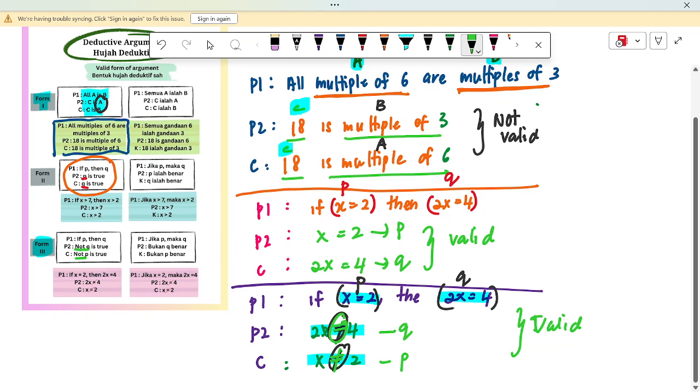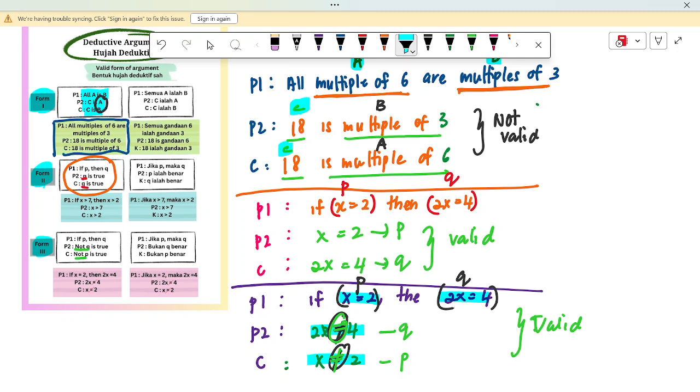So if a deductive argument is given from general to specific, and they ask you whether it is valid or not, it must fulfill either one of these three forms. Okay, if it's fulfilling either one of these forms, then it is valid.